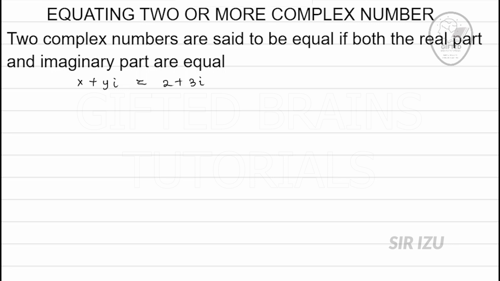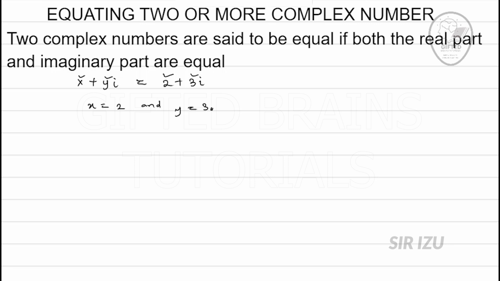These two complex numbers are equal only when the real part x is equal to the real part on the other side, that is 2, and also when the imaginary part y is equal to 3. That's the only condition to which these two complex numbers are equal.